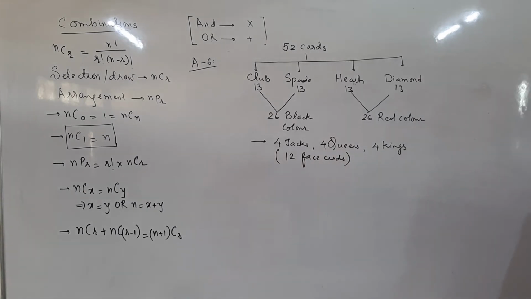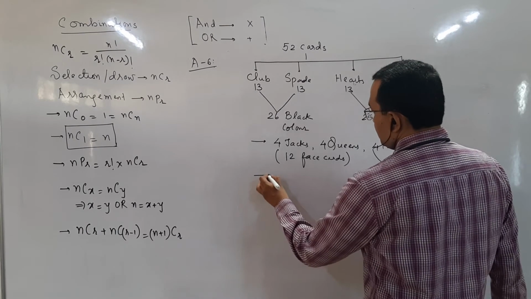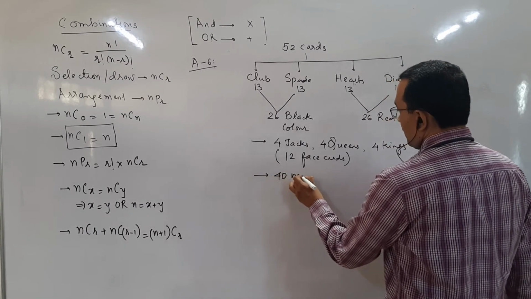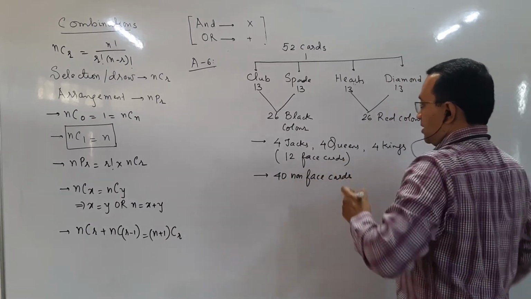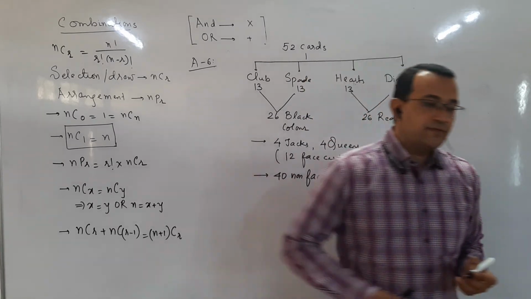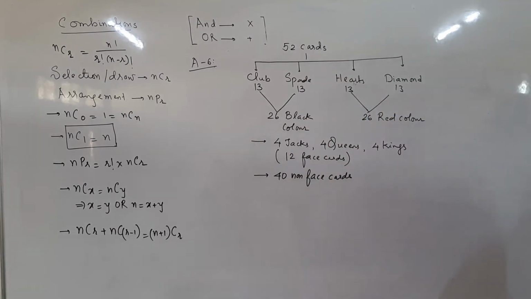Remember, ace does not have a face. Ace is the highest level card, but it does not have a face. So 40 are non-face cards.